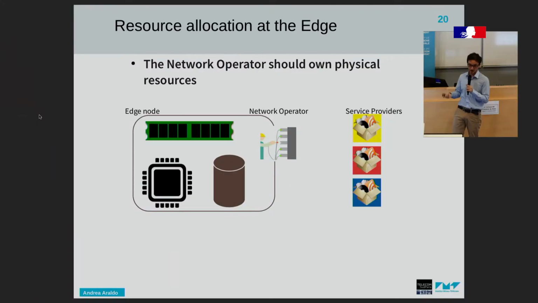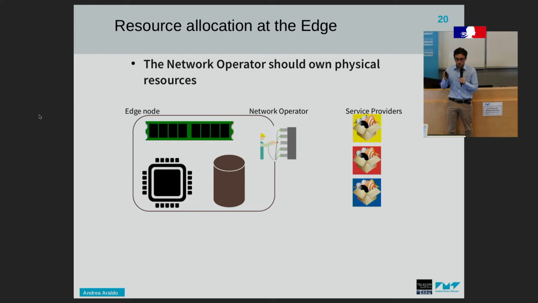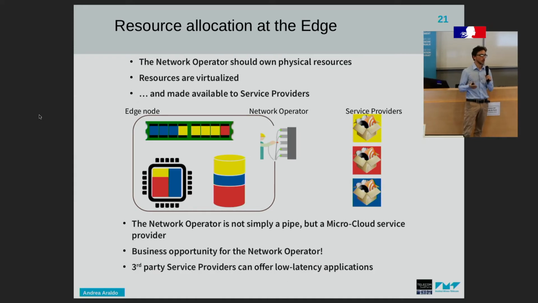So what we claim instead is that network computing resources should be in the hands of the network operator. So it's the network operator who should install these resources in the edge nodes. These resources should be virtualized by the network operator and opened to third-party service providers. So the network operator should partition these resources and let service providers do what they want with the allocated resources.